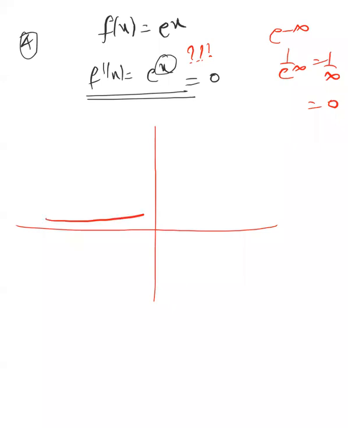I think it looks like this. You just check it. So no maxima, no minima. No point where f dash x becomes 0.